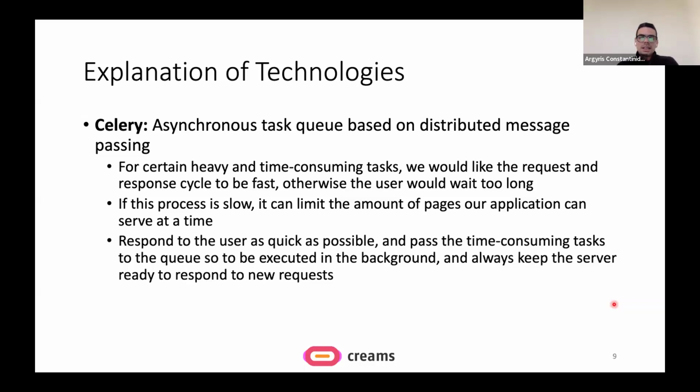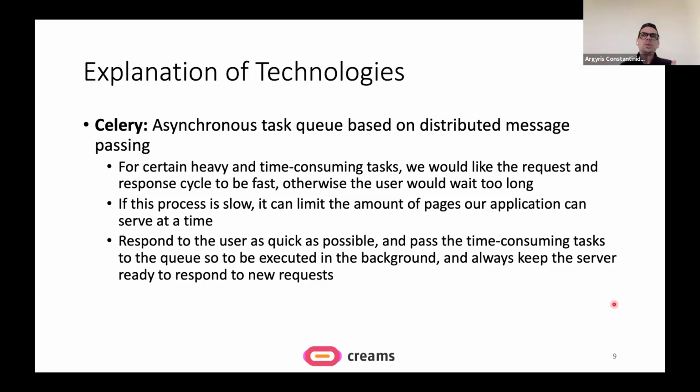So the idea here is that for tasks that we know in advance will be time consuming, instead of trying to execute them directly, we first pass them in a queue, and this queue will be responsible to put it in line and have it executed.